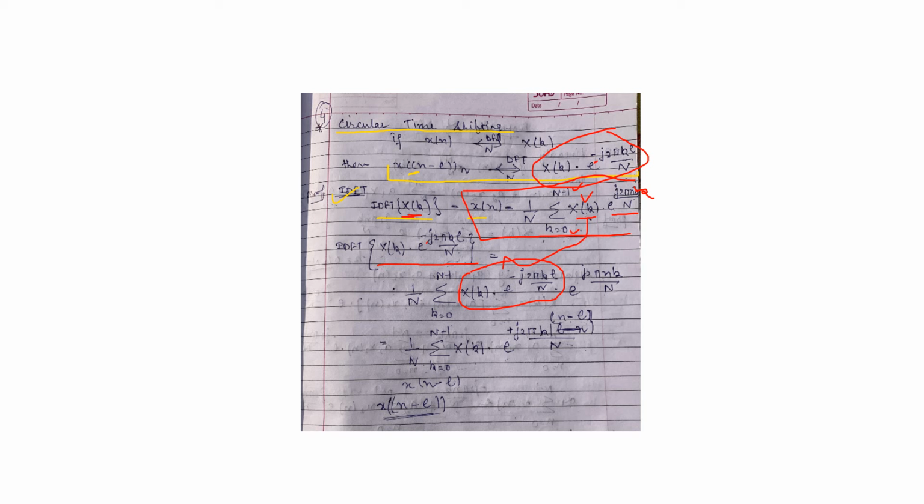Then we multiply by e raised to power j 2 pi n k upon N. Now from this we take common 1 by N, summation k is from 0 to N minus 1, x of k, e raised to power j 2 pi k. We are left with minus l, and here we are left with n. So here it is e raised to power j 2 pi k (n minus l).